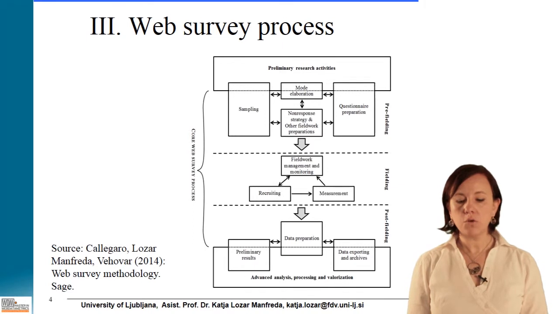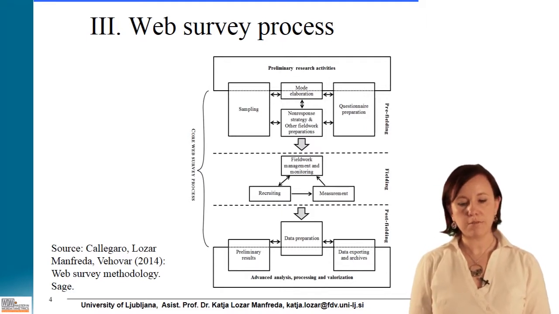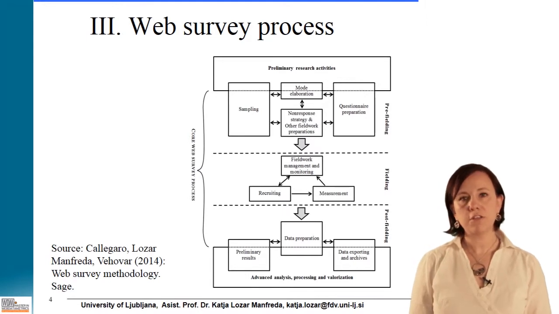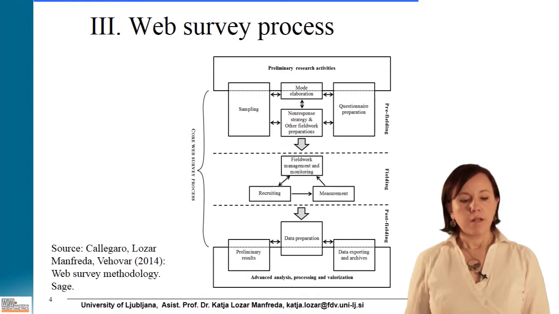And we will learn all this practical knowledge by focusing on the steps of the web survey process. Basically, the web survey process consists of three main parts: pre-fielding, fielding, and post-fielding. And as can be seen from the figure, in the case of web surveys, these involve several more or less sequential steps to which we will focus during the course.